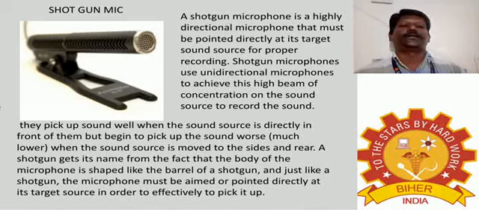They pick up sound well when the sound source is directly in front of them, but begin to pick up the sound worse when the sound source is moved to the sides and rear.